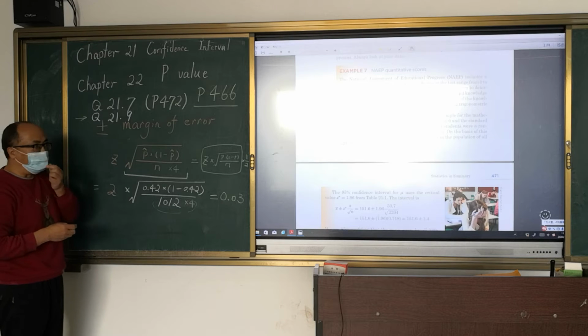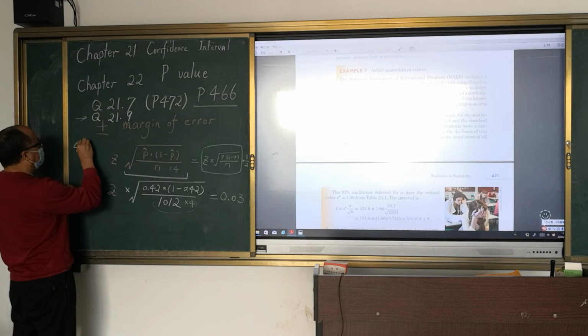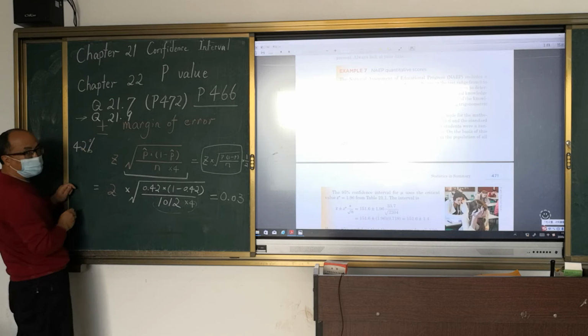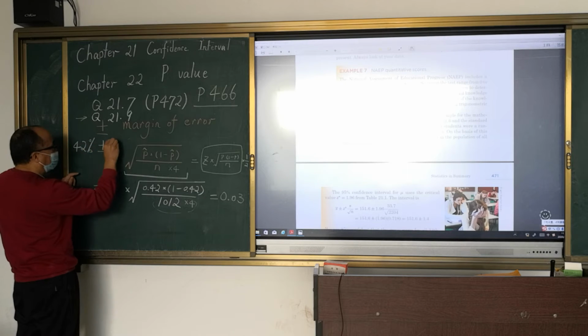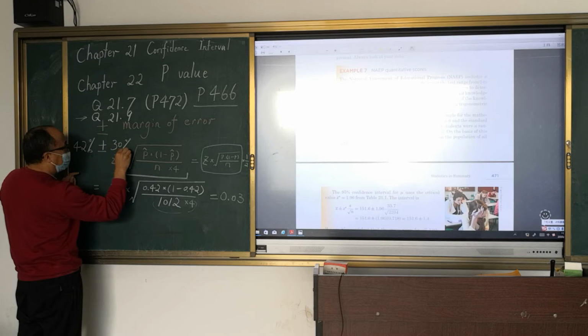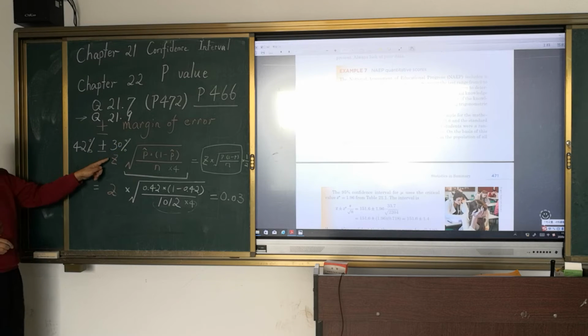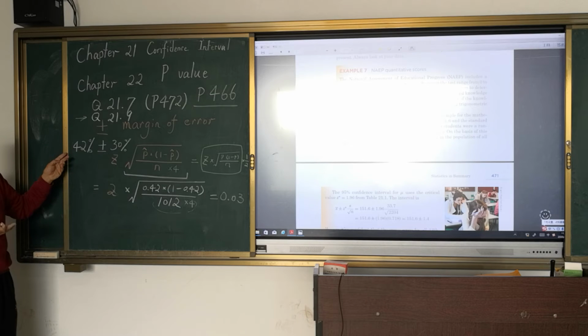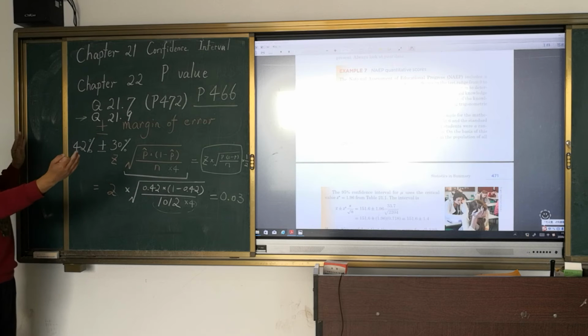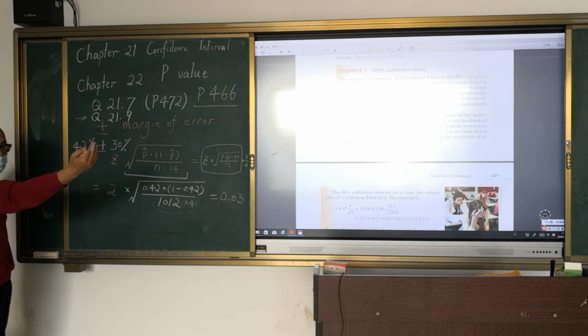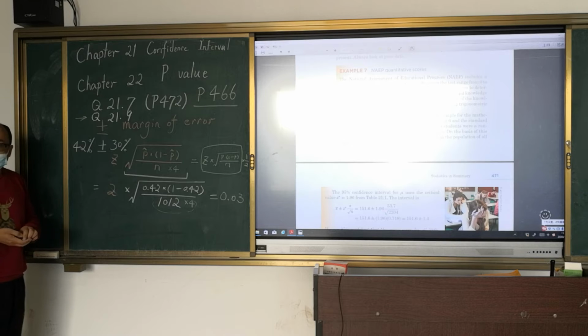If you did a study and your margin of error is 42% plus minus 30%, wow, this is crazy. Could be anything. Then it becomes 12% to 72%. That is very large.